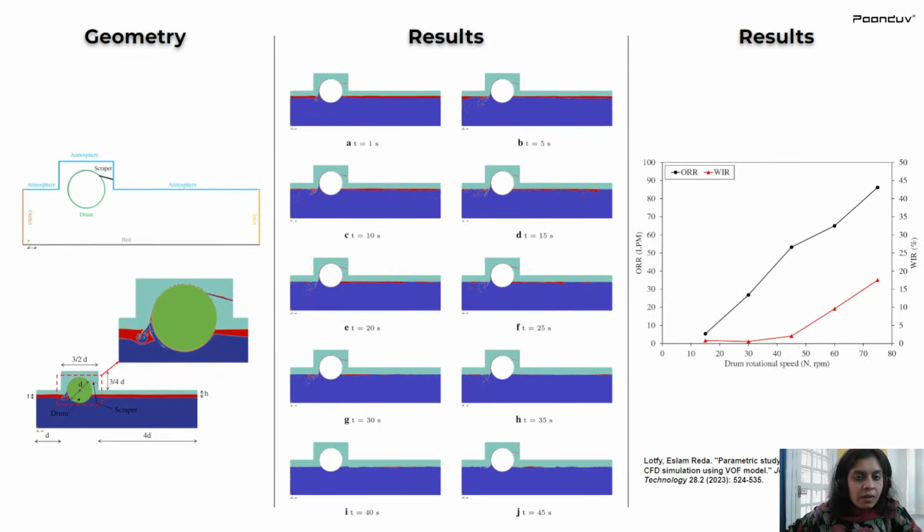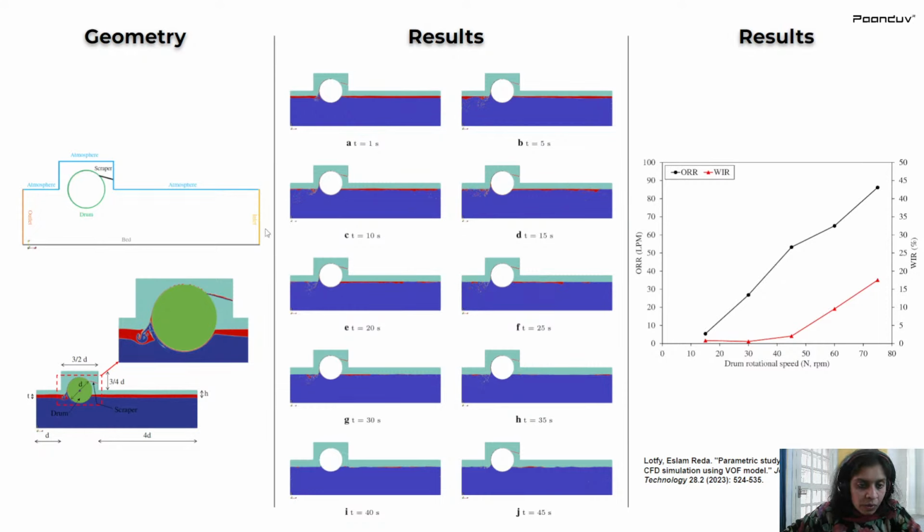Now, this is another kind of system that is modeled here, which is the drum skimmer. This drum has a conveyor belt which, due to its surface properties, absorbs the oil, and through the scraper the oil is removed and the water comes back to the original system.